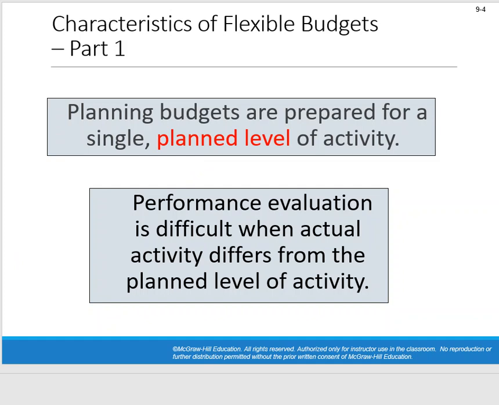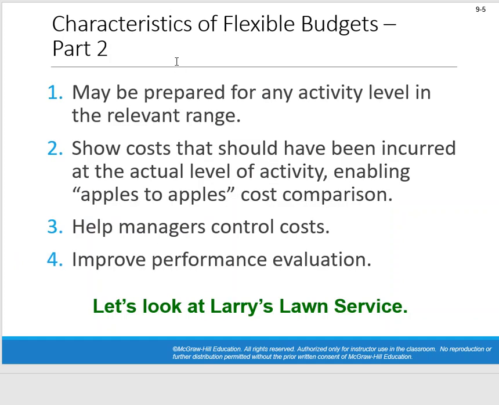So that's where the flexible budget comes in. A flexible budget can be prepared for any activity level within the relevant range. So we may have had a goal for $1 million of sales, but if we were over or under that amount, then our flexible budget would help us figure out what our budget should be at our actual level of activity. So it shows costs that should have been incurred at the actual level of activity, enabling an apples to apples cost comparison.